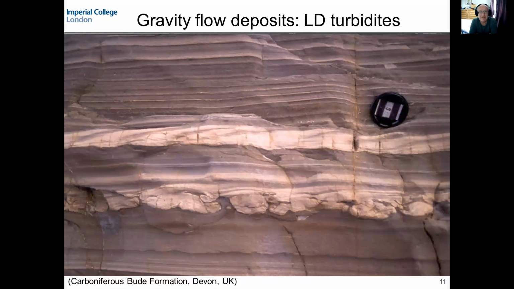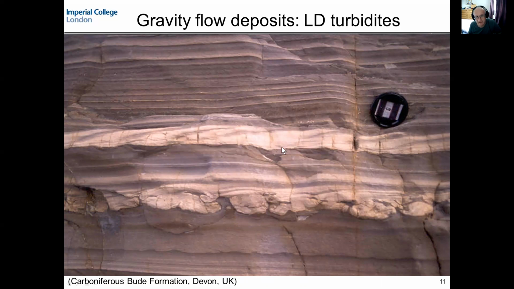Okay, this picture shows, in some ways, more typical classical low density turbidites. There are two thin beds in here, the lower one below and this upper one, each just a few centimeters in thickness. This upper bed has climbing ripples migrating up the back of each other.